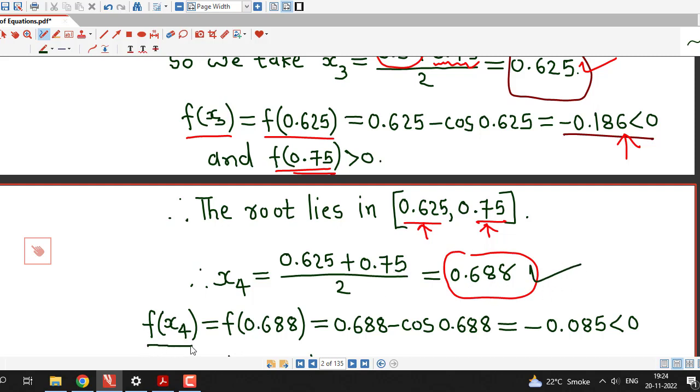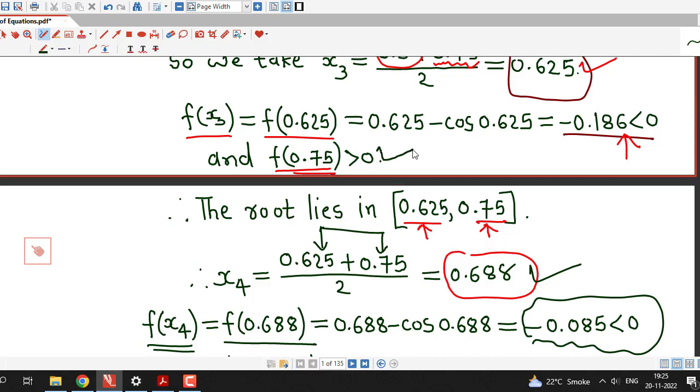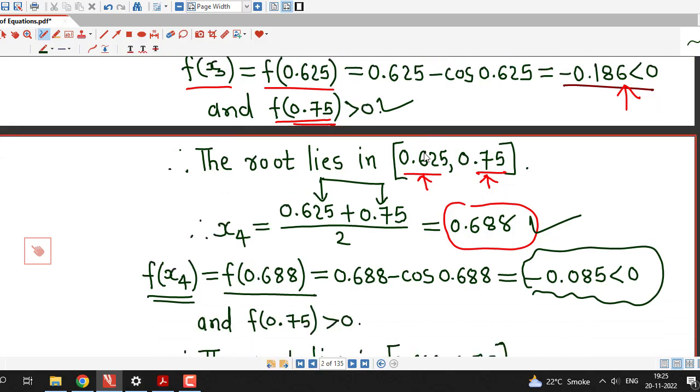Again we evaluate our function at 0.688 and we find that function is negative at 0.688. So we check that out of these 2 points for which point function is positive, and we know that function is positive for 0.75. So f of 0.75 is positive, f of 0.688 is negative.